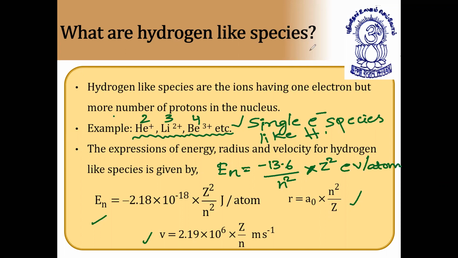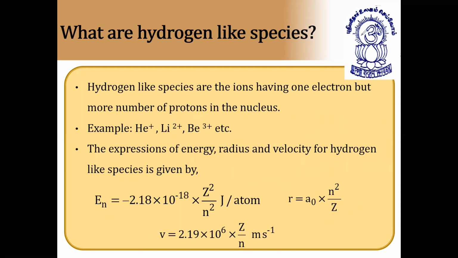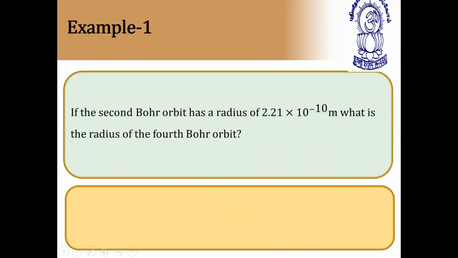So next, if the second Bohr orbit has a radius of 2.21 into 10 to the power minus 10 meters, what is the radius of the fourth Bohr orbit? So the second Bohr orbit is given. So Rn is equal to 0.53 into n square by z.